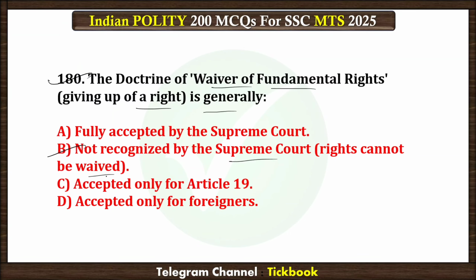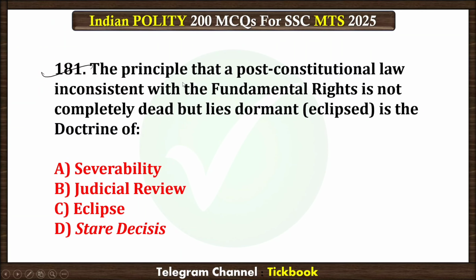Rights cannot be waived. 181. The principle that a post-constitutional law inconsistent with the fundamental rights is not completely dead but lies dormant, eclipsed, is the doctrine of, option C, eclipse.